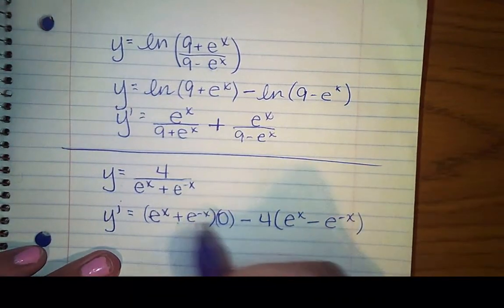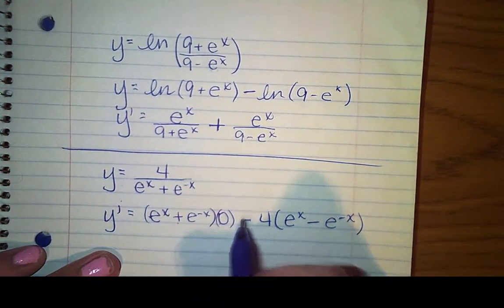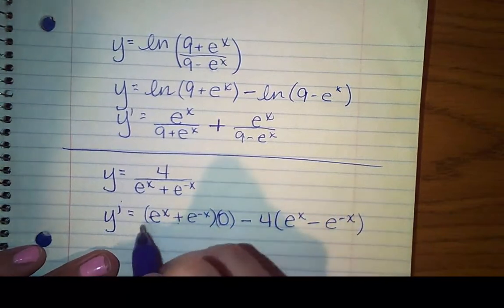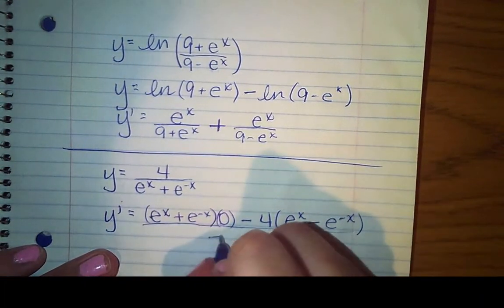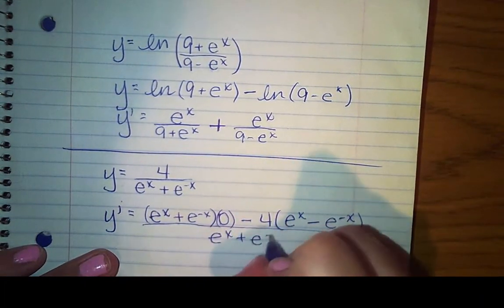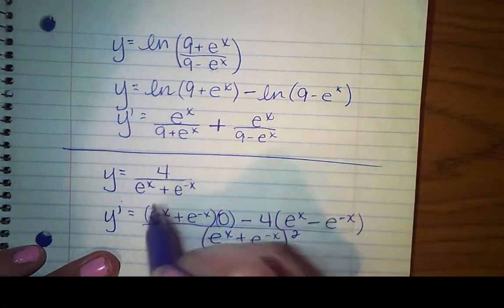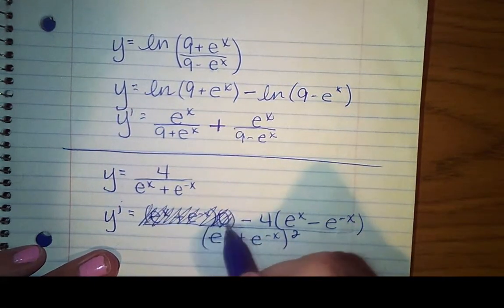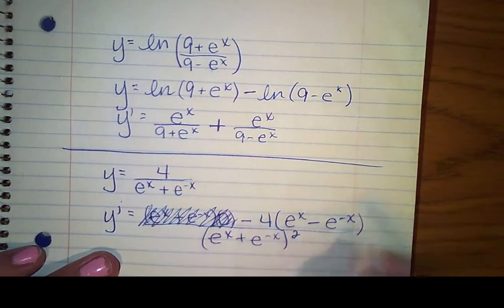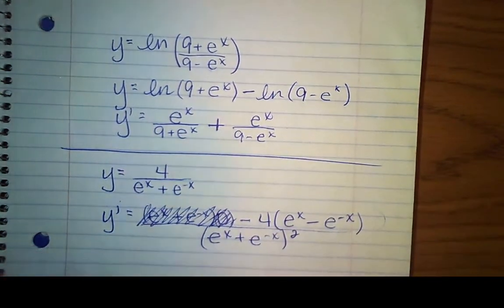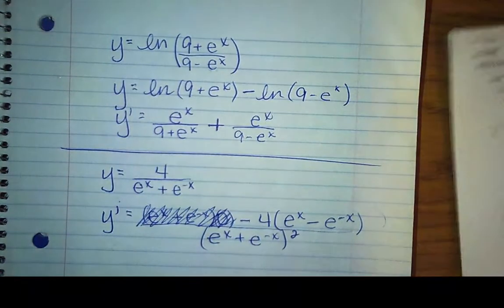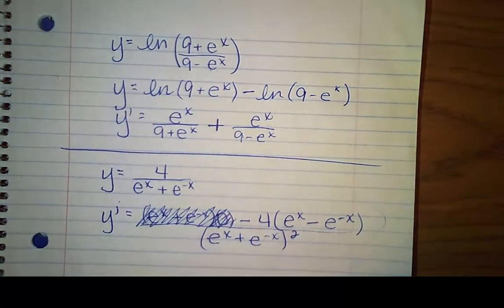So I have bottom times the derivative of the top, minus the top times the derivative of the bottom, all over the bottom, e to the x plus e to the negative x, squared. So your final answer, that goes away, not the negative, and then this is your answer. You're done. Okay? So I'm going to try and get through a few more of these.